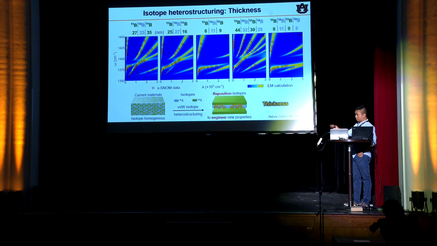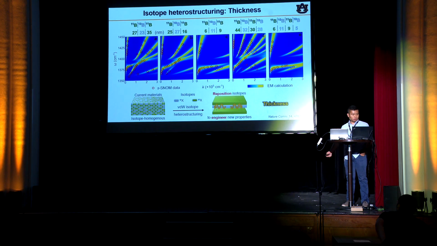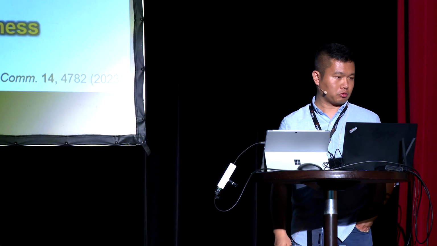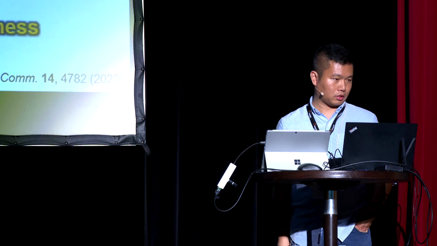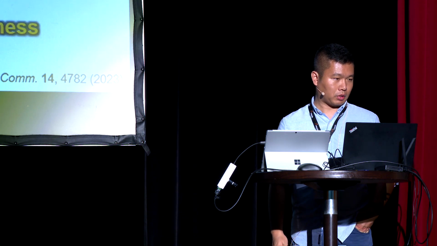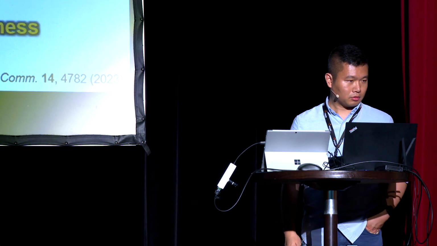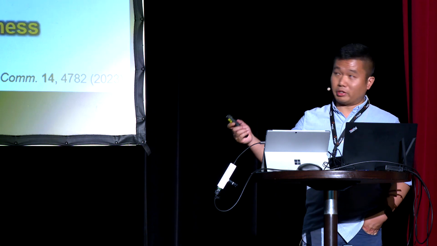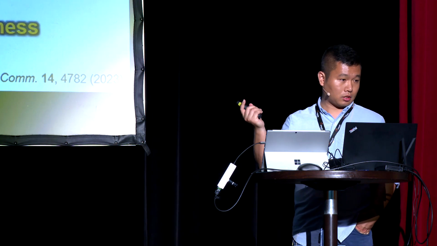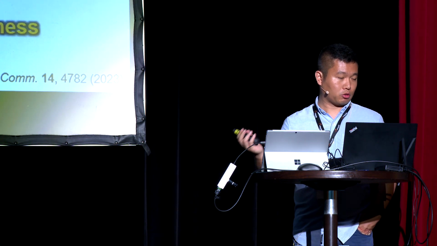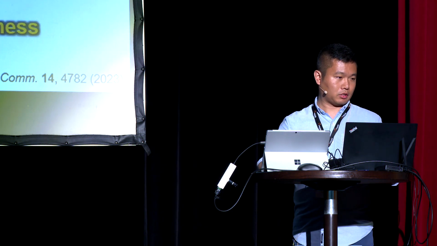And unfortunately, in plane, they're still monoisotopic, but we're trying to work on these in-plane isotope heterostructures to tune the propagation of the polaritons. We get these isotopically pure crystals, and then we stack them into heterostructures.